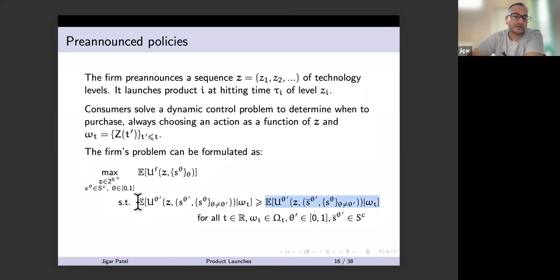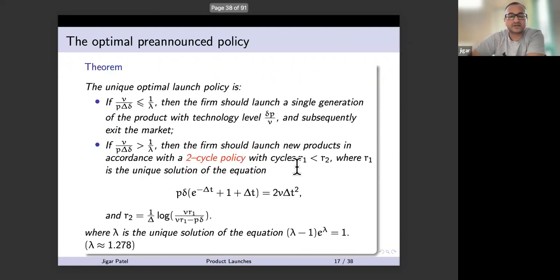So me as a consumer theta prime, I will employ strategy S theta prime, which is better than any other strategy S bar theta prime. So this is saying the firm is maximizing their utility subject to consumers maximizing their own utility, over all time horizons, over all possible sample paths for all customers, and over the strategy space, the action space, over the strategy functions.